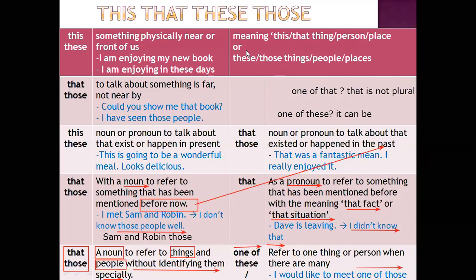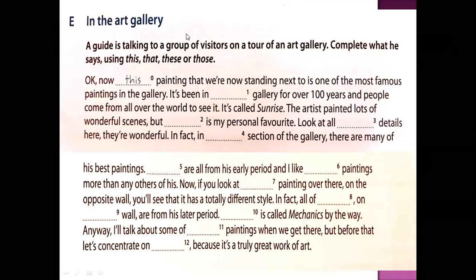Okay, have a look at this exercise. We have here our exercise. If you open your book, you can see it clearly as well. A guide is talking to a group of visitors on a tour of an art gallery. They are in an art gallery. Complete what he says using this, that, these, or those.